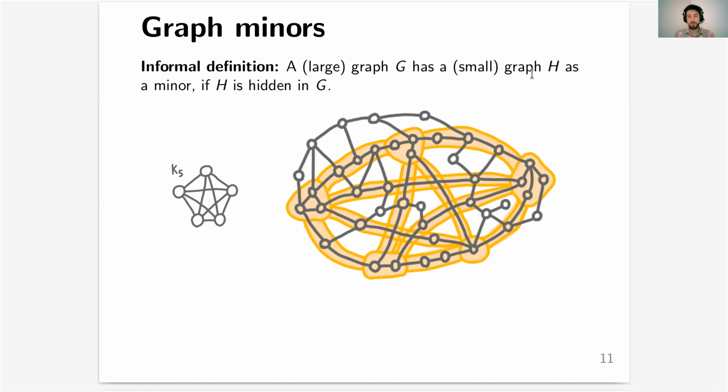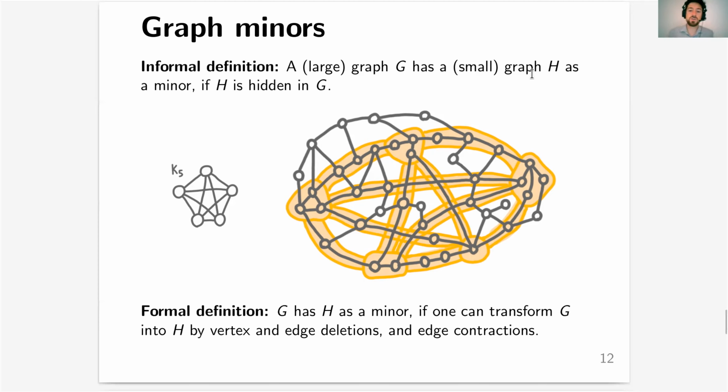Like if your K5 is hidden in the large graph. And now the formal definition is not much more complicated. It's just saying that G has H as a minor if one can transform G, the big graph, into H, the small graph, by removing vertices and edges. For example, the vertices that I have on the top left here, I can just remove them completely, and also the edges that are around, and I can do edge contraction.